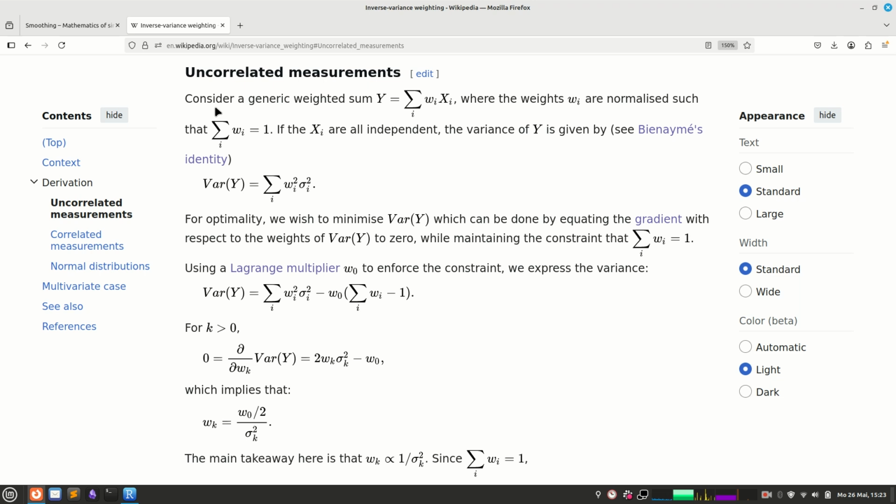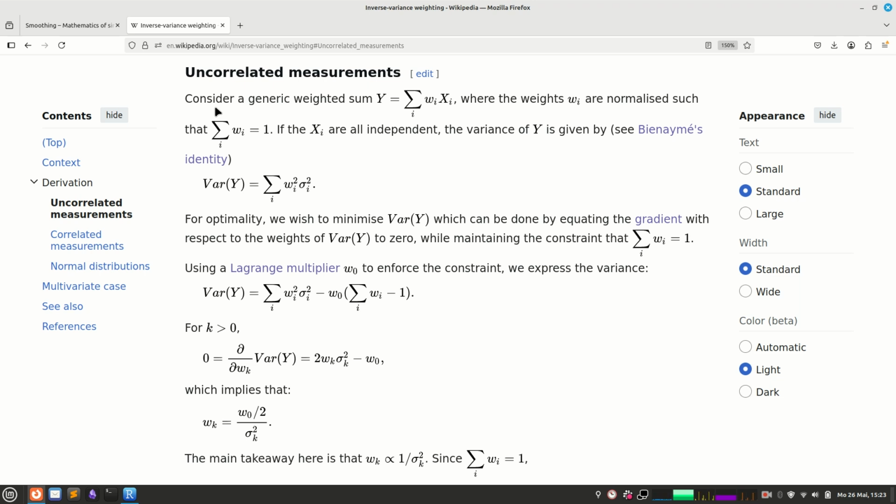And we now wish to minimize this thing. And what we have to do for this is, of course, to look at the gradient of the variance using the Lagrange multiplier principle, where we have the constraint that the sum of all the weights is 1. And you remember, if you do a constrained minimization, the logic is we don't find the zero point of a gradient, but we find a position where the gradient is collinear with the constraint.